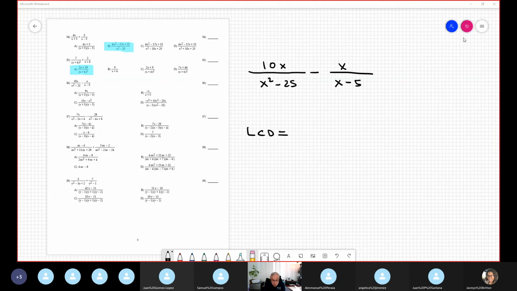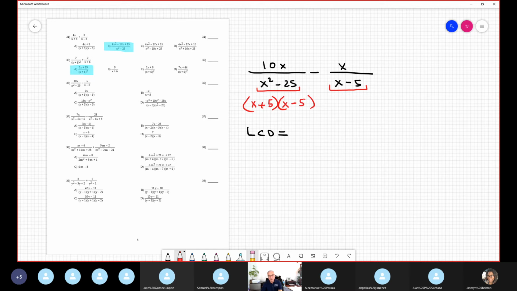The first thing you should do to find the least common denominator is factorization. See, I try to confuse you. Now, this expression is prime. Nice. But this expression, no. I need to factorize. I realize that it's the difference of squares, x plus or minus 5.